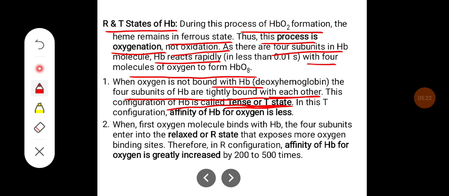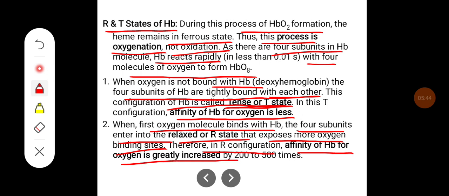In this T configuration, the affinity of hemoglobin for oxygen is less. When the first oxygen molecule binds with hemoglobin, the four subunits enter into the relaxed state that exposes more oxygen binding sites. Therefore, in R configuration, the affinity of hemoglobin for oxygen is greatly increased, as many as 200 to 500 times.